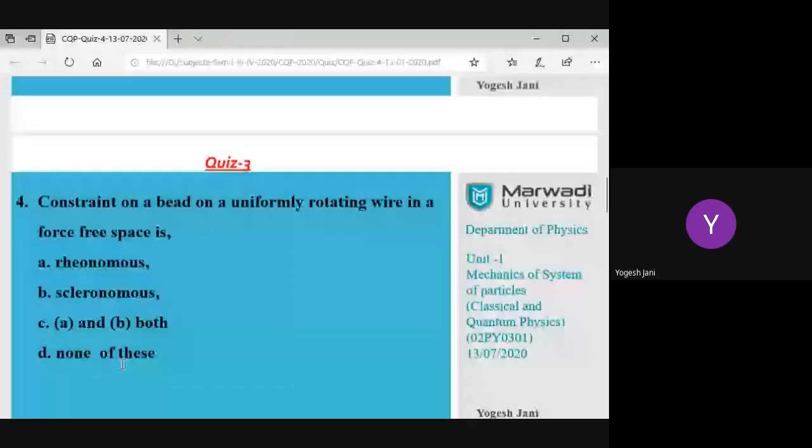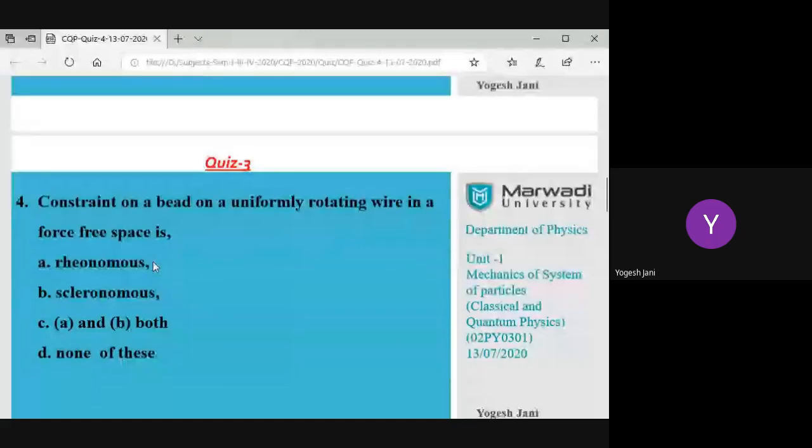Okay. Now one more. A constraint on a bead on a uniformly rotating wire, while in a force free space. Here the options are A and B both, and none of these. Here we have written that it is time dependent. The answer is A. Why time dependent? Because what happens when there is no force?